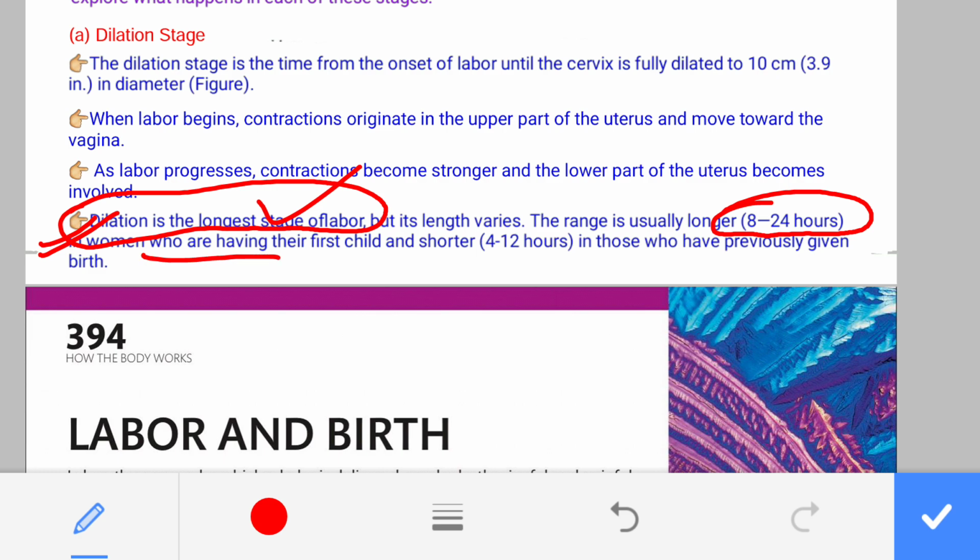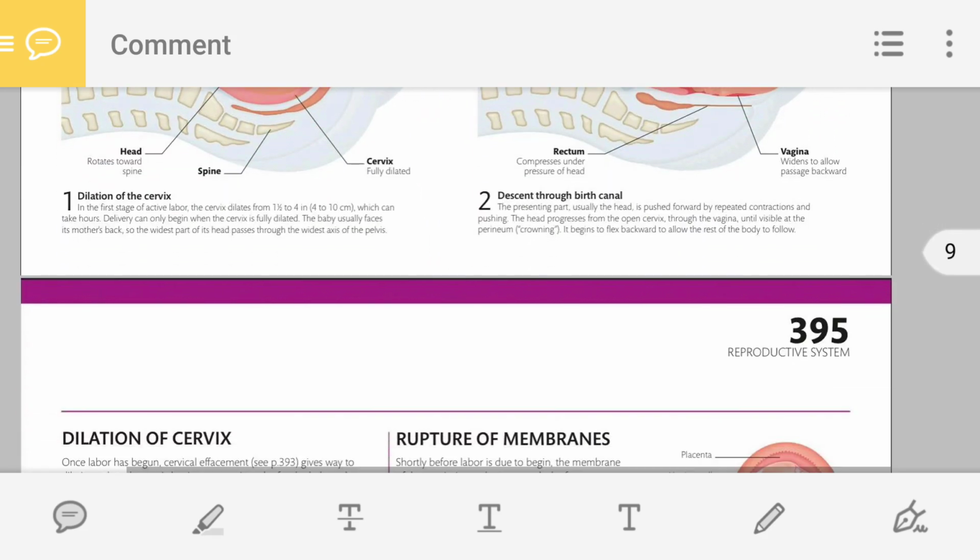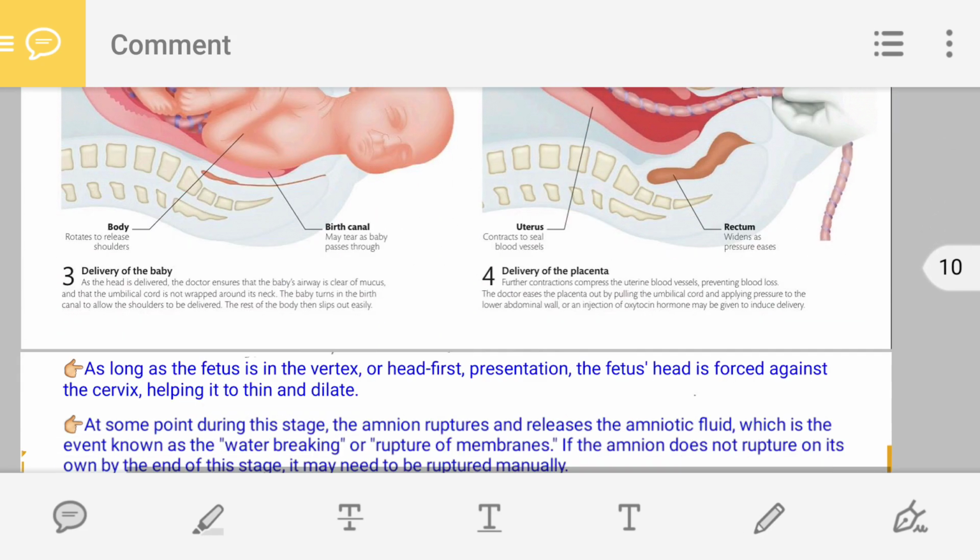Okay, so for the first baby the duration of the dilation stage is 8 to 24 hours, but if the mother is about to give birth to her second child, the duration for the dilation stage will be shorter, with a length of 4 to 12 hours. So this is about the dilation stage we are discussing.